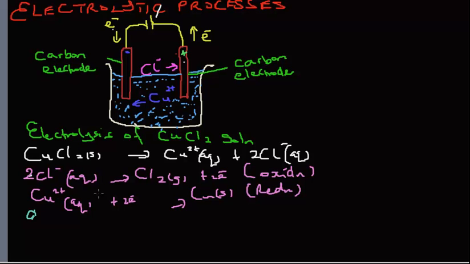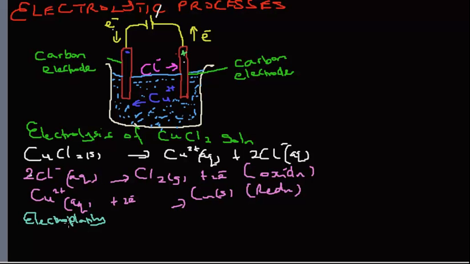First of all, we need to define electroplating. Electroplating is the deposition of a metal coating onto an object by putting a negative charge on it and putting it into a solution which contains a metal salt.